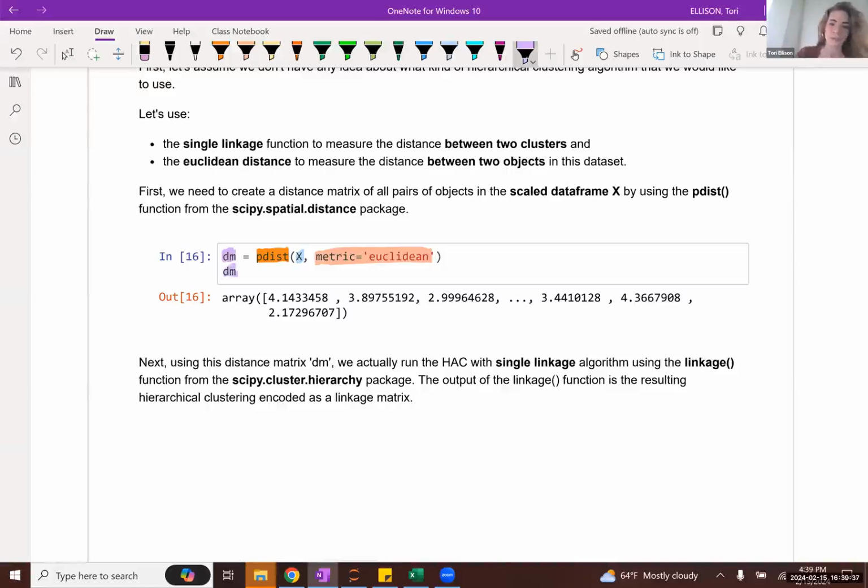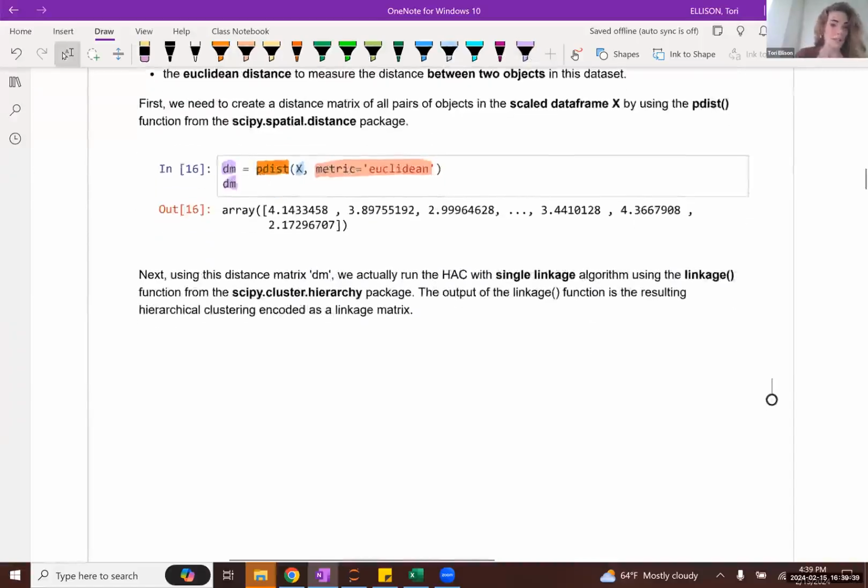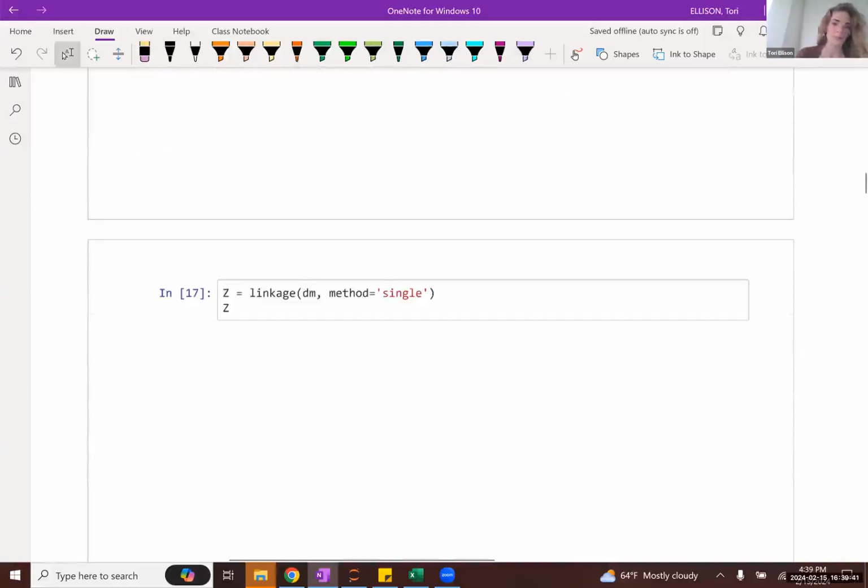So this creates my initial pairwise object distance matrix. And then to actually perform the hierarchical agglomerative clustering algorithm, I use the linkage function. And this is where I stipulate the actual linkage function that I like to use. So I'm going to start with single linkage.